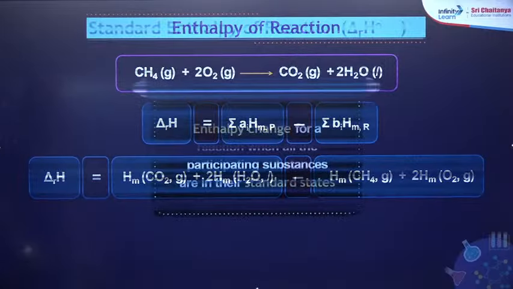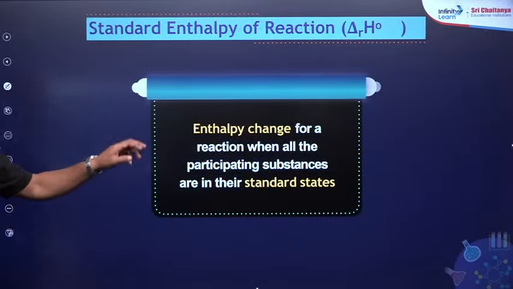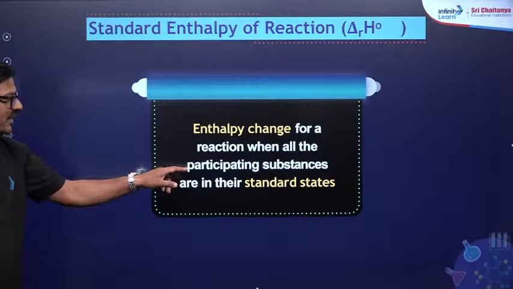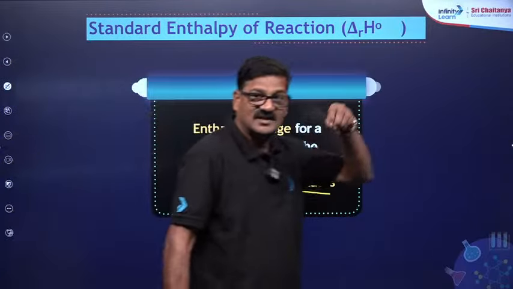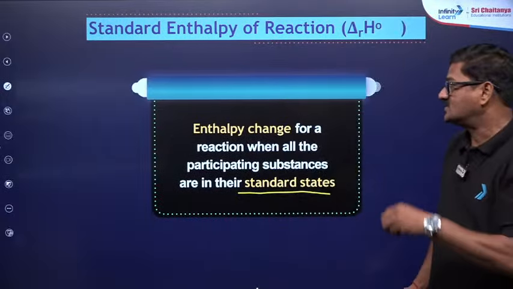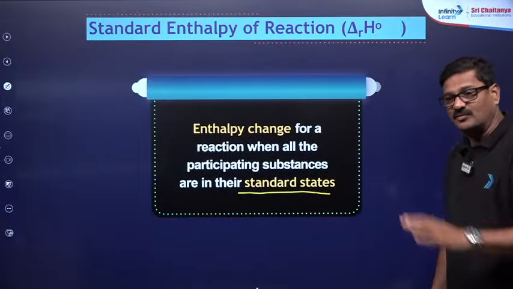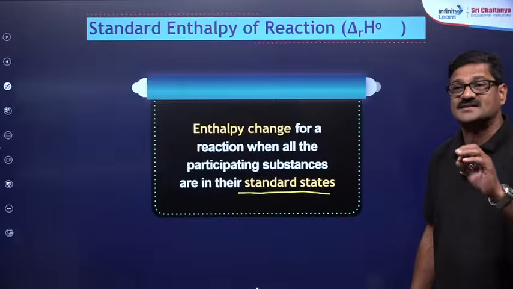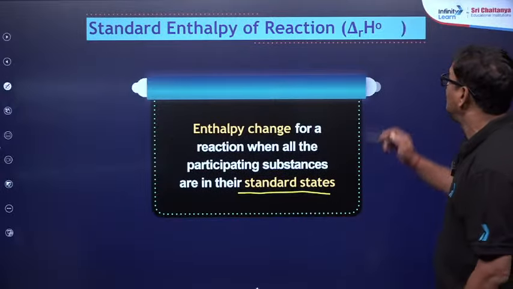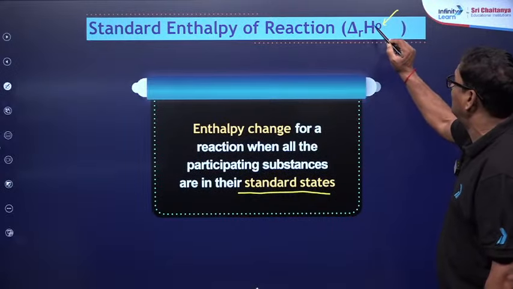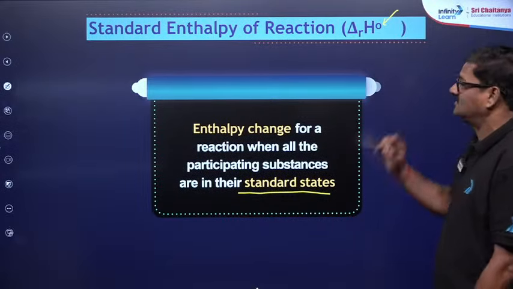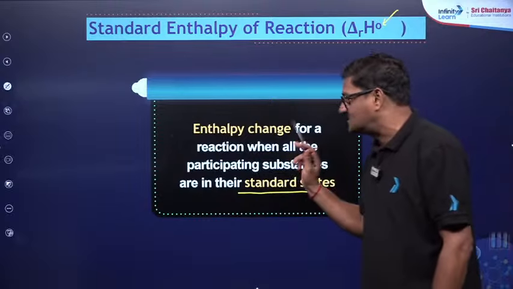And if you see these enthalpies, this is the enthalpy change for a reaction when all the participating substances are in their standard state. What is a standard state? You can also say standard enthalpy of reaction, which is given as delta H naught. So what is this standard state?